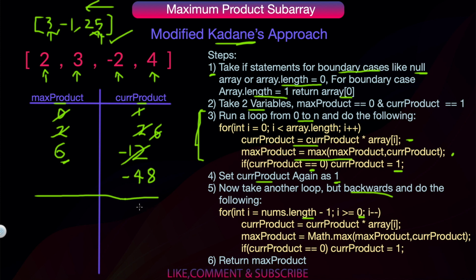So let's do the backward pass. Set current product as 1 and max as 6. So we are at 4. Our current product becomes 1 into 4, which is 4. And now at minus 2, 4 into minus 2, we get minus 8. Now 3, minus 8 into 3, we get minus 24.